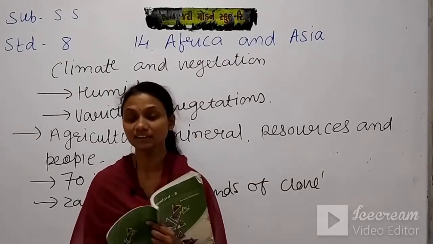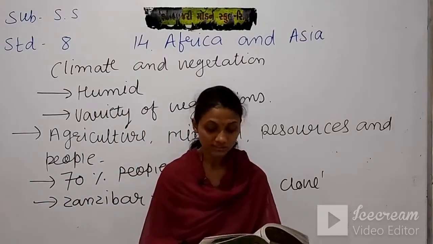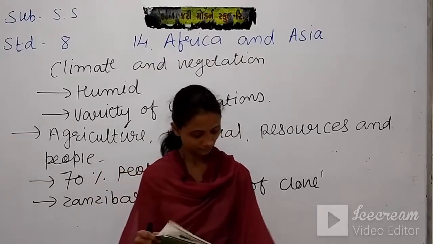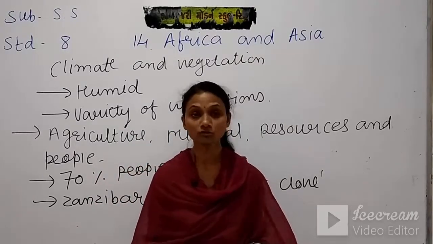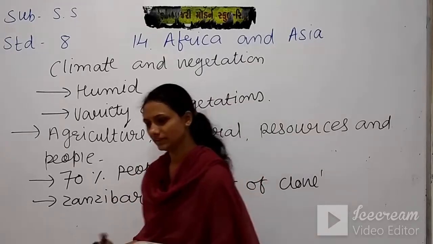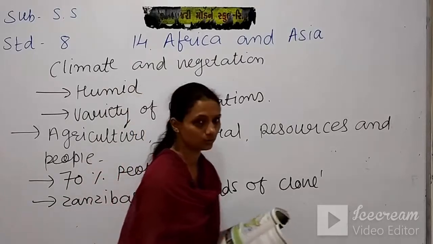Here we are getting gold, diamond and all, here we are getting mineral oil, pygmies you can see here, and here we have vegetation like clove, coffee and rice, rubber and all. So in a way this continent is very prosperous in every way.